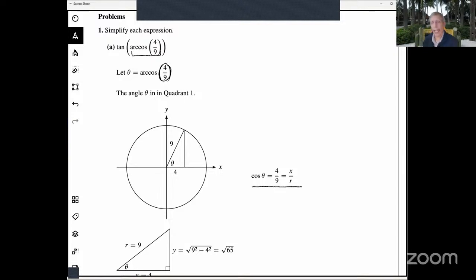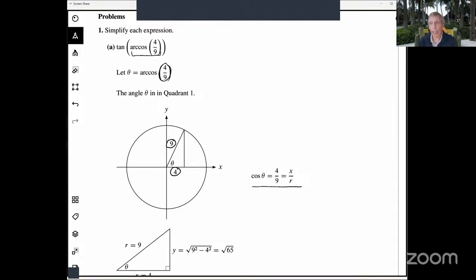We know that that is x divided by r. I'll think of r as the radius of that circle. Is that okay, Vicky? To think of it that way? Yeah. And we think of x as the horizontal displacement. Very good. Okay. So I know that the cosine is the adjacent over the hypotenuse, or x over r. So I can place a 4 there and a 9 there for the radius of that circle.